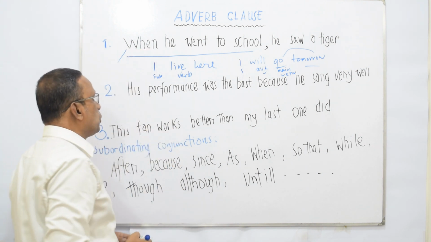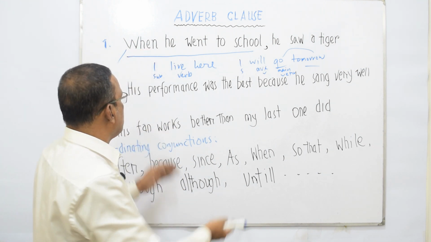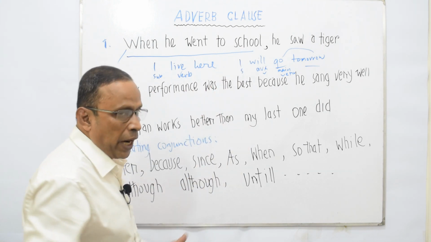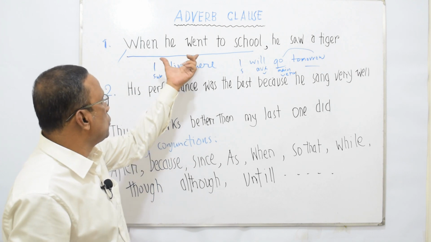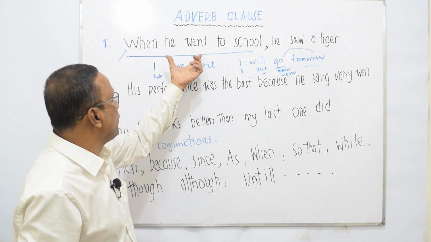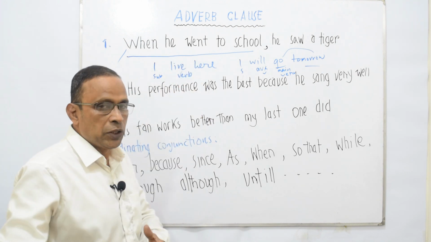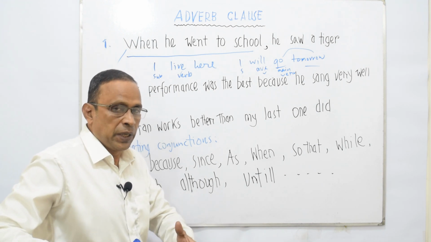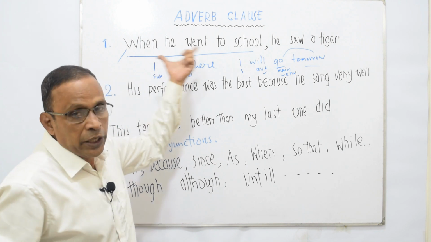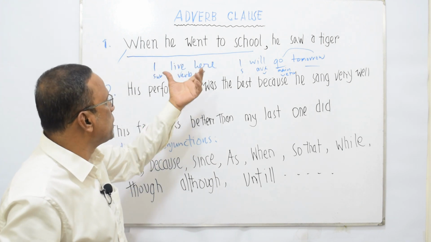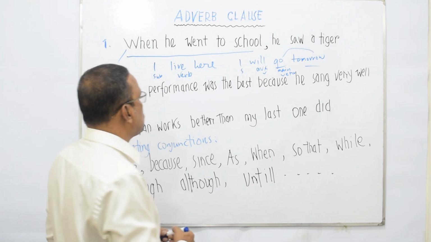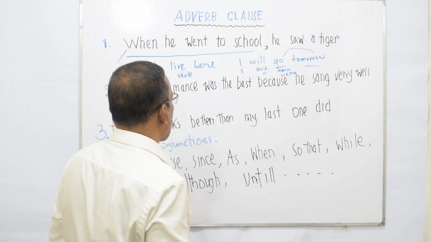When is a subordinating conjunction. So this clause is a subordinate clause. In fact, this is an adverb clause. This clause is a dependent clause because it cannot stand like a sentence by itself. So this is an incomplete thought.